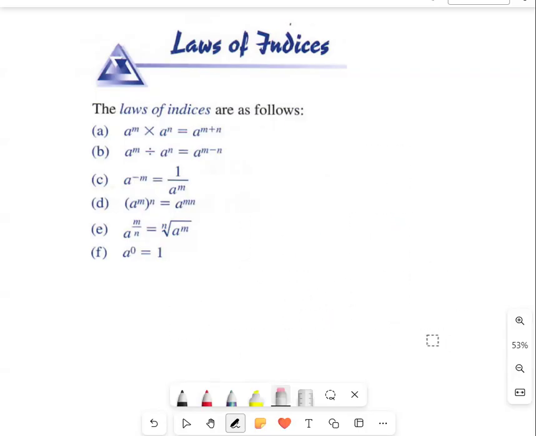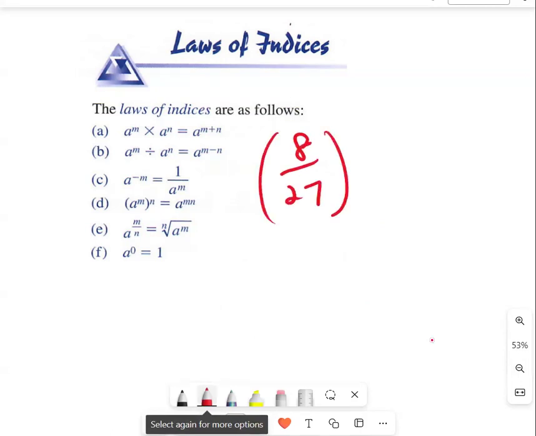Good. Let's take another one. Last one. 8 over 27 to the minus 2/3. Right? So you can see 8 is really 2 cubed.